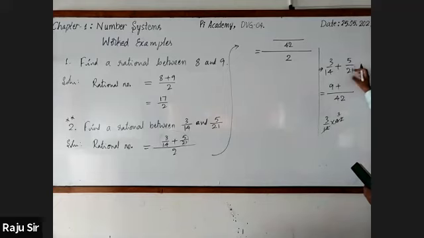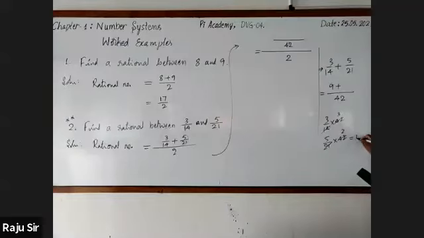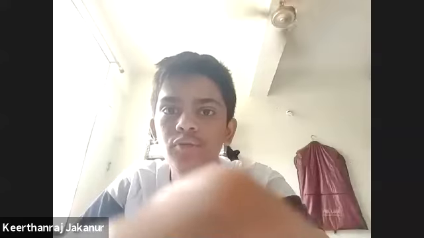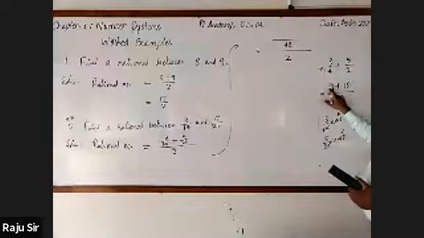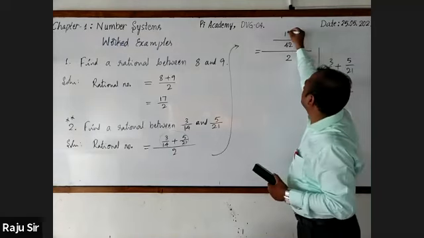Multiply the LCM with the second term: 5 by 21 into 42. 21 twos are 42, 5 twos are 10. I'll write that 10 here. 9 plus 10 is 19. So it is 19 by 42.